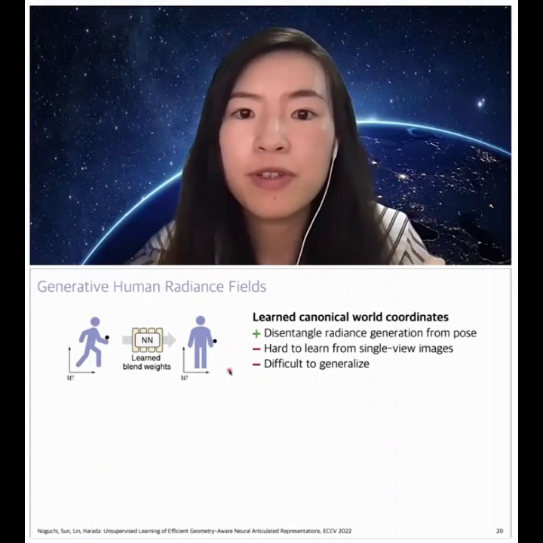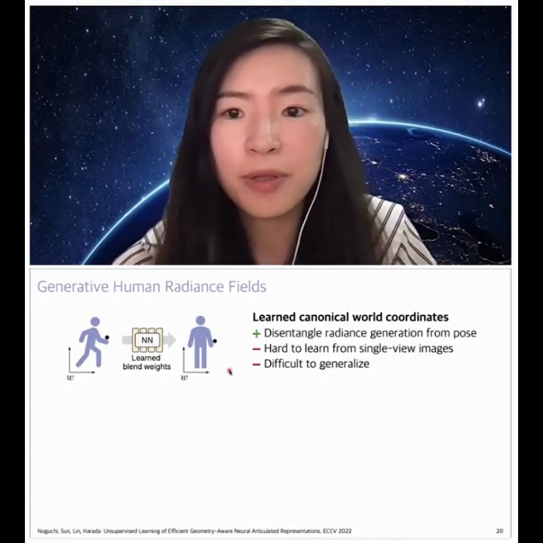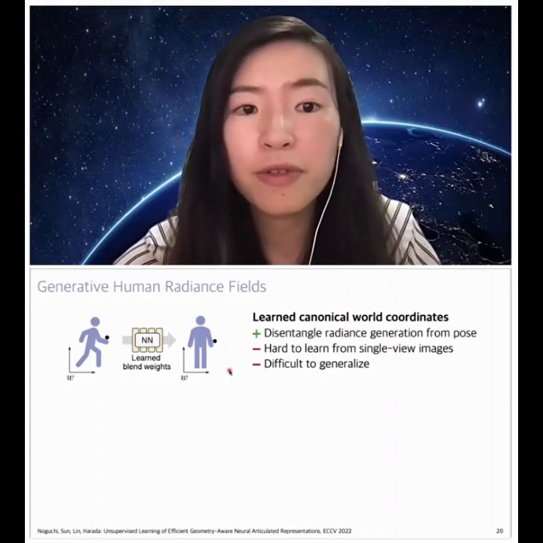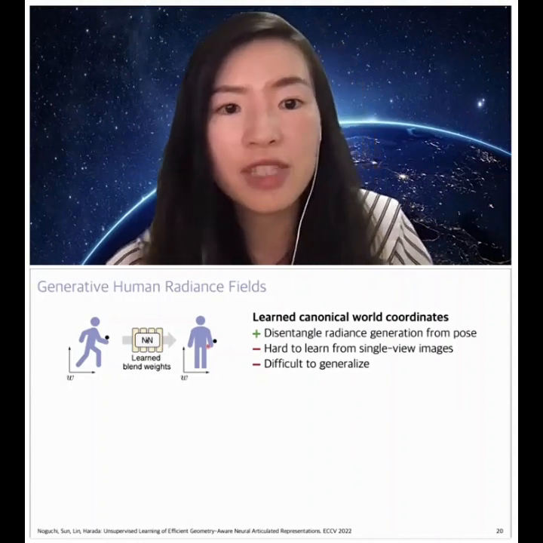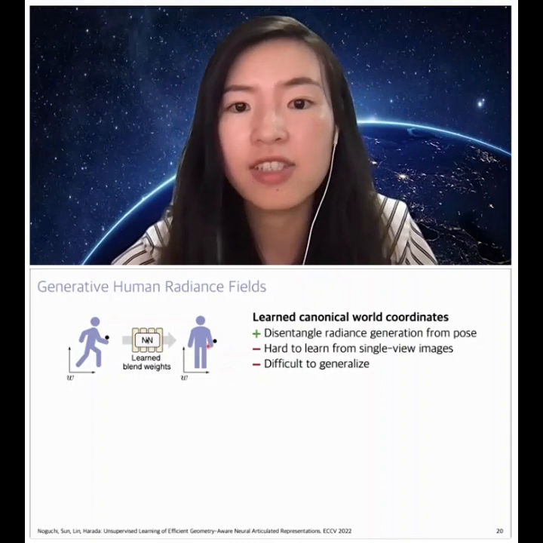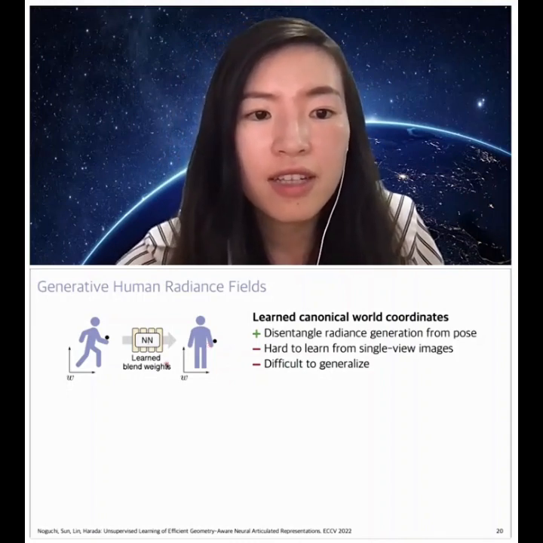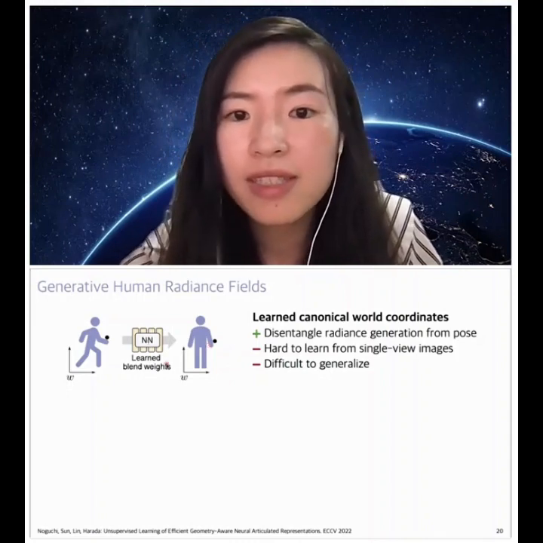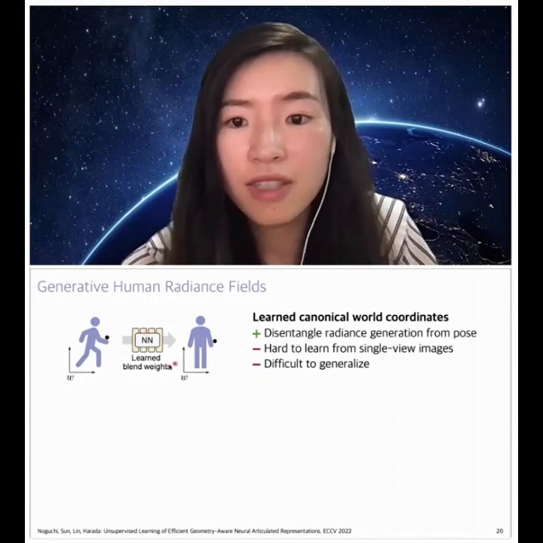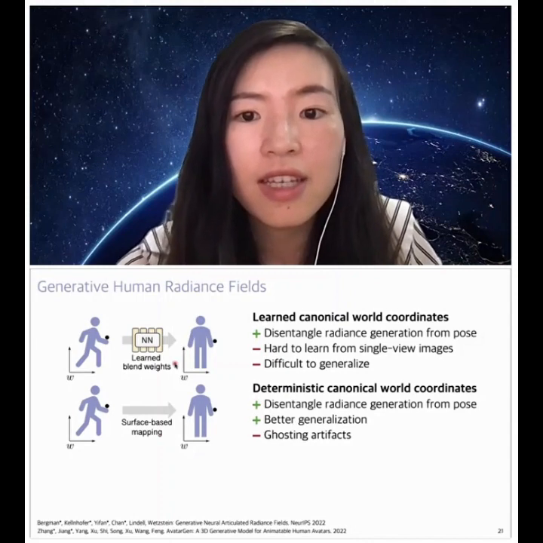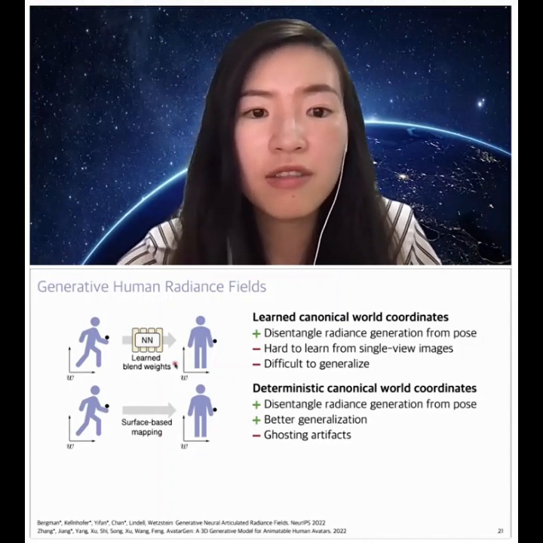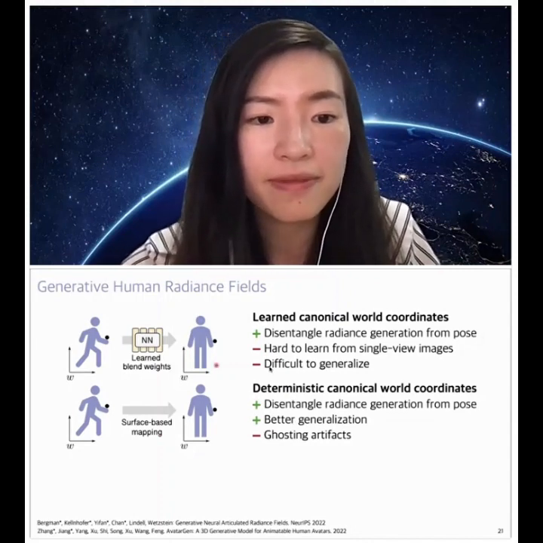This allows for disentangling the radiance generation from the pose, and also allows for fusing multiple information across different viewpoints as well as across different articulations. However, learning such blend weights is very hard when there are only unstructured 2D images. And also, if this is learned, then it's actually very hard to generalize to unseen poses.